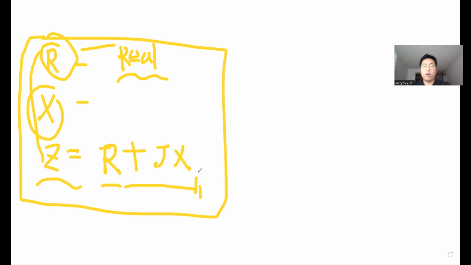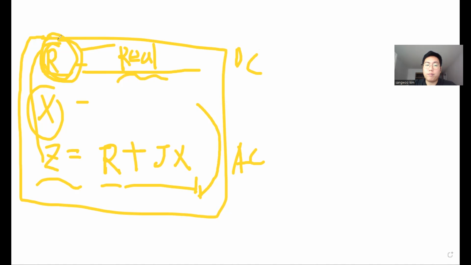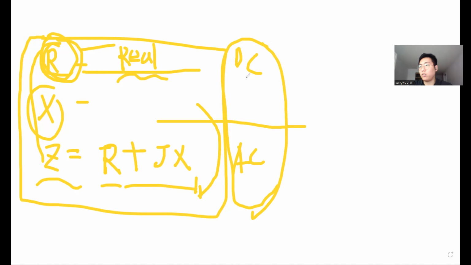So X and Z we will see in AC, and just a resistor we can say is in DC. We could also see it in other ways, but to understand easily, you guys can see impedance and reactance as AC and R as DC. And this is the impedance triangle: Z, R, X, right?